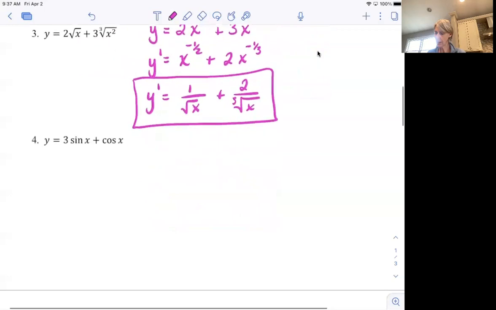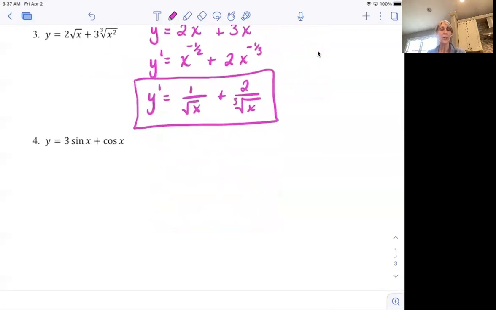So pretty easy stuff here. If y equals 3 times the sine of x plus cosine x, then y prime is simply 3 cos x plus negative sine x.